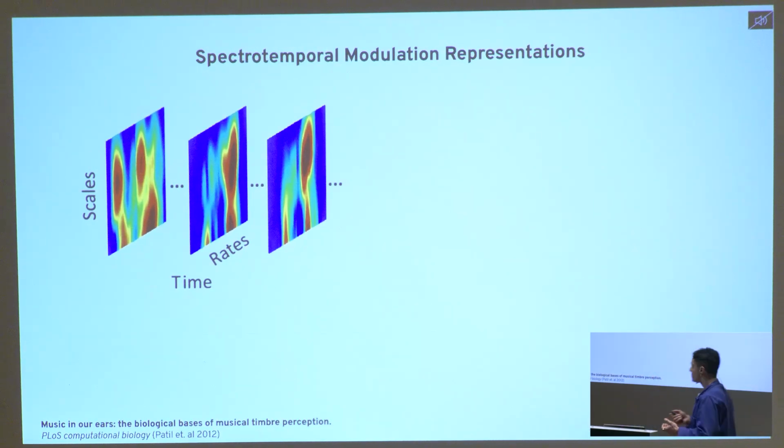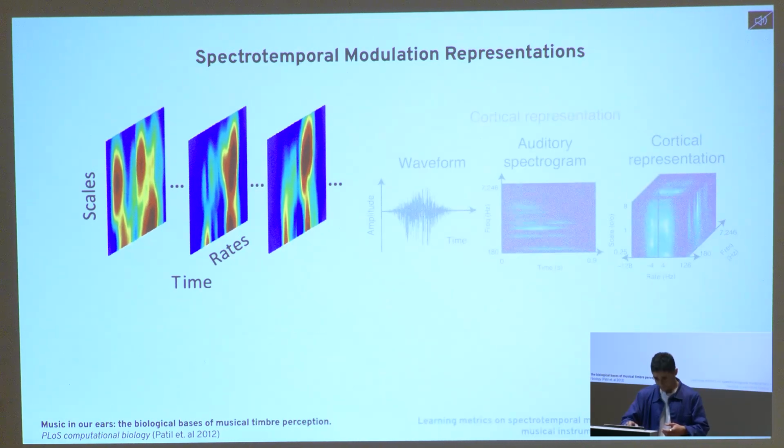And these representations have been studied for their ability to explain aspects of musical timbre perception and human speech perception. At their core, they are composed of two-dimensional wavelets that are applied to a time-frequency image to analyze the time-frequency domain at multiple scales and rates.